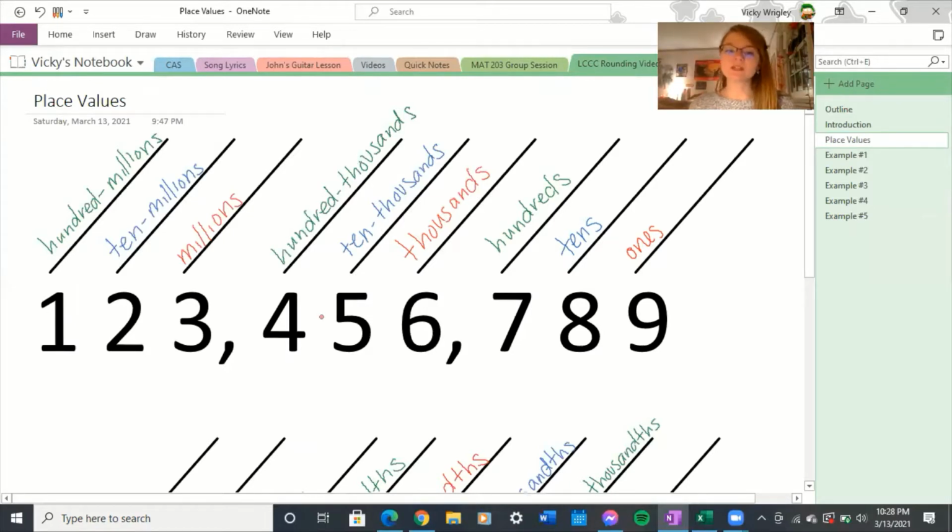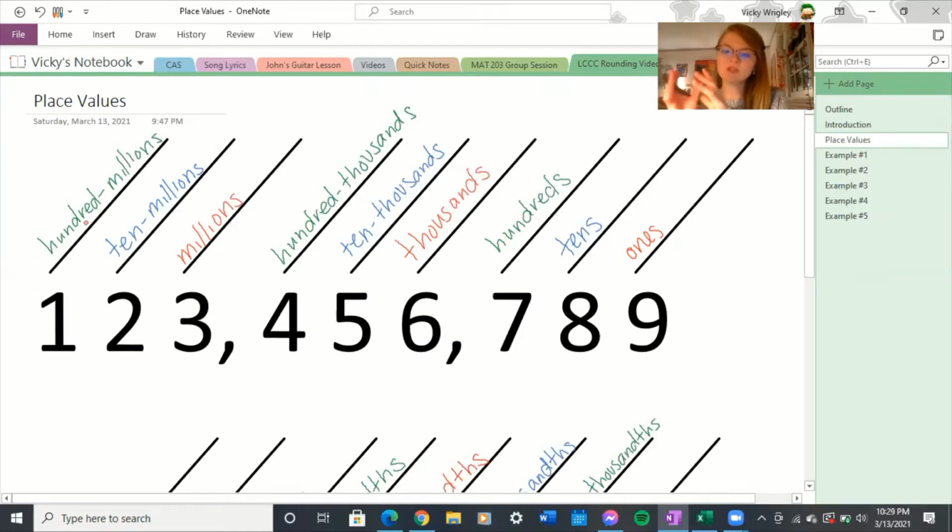I've labeled these based on different colors so you can see the pattern that's going on between these digits here. We have ones, tens, hundreds, thousands, 10,000s, 100,000s, then millions, 10 millions, 100 millions.